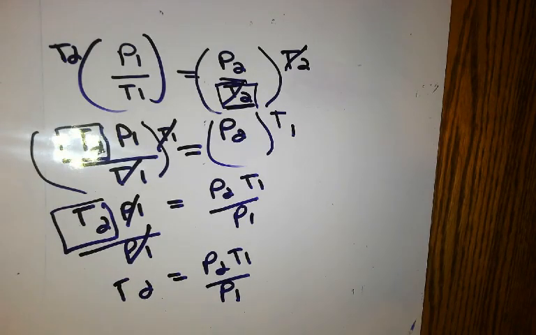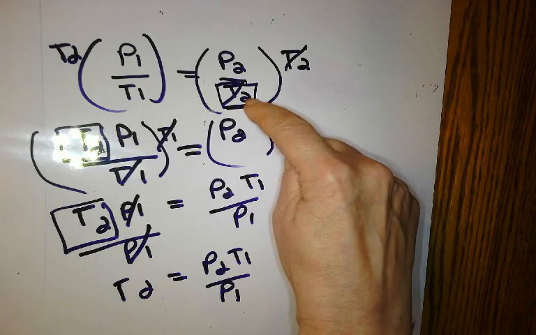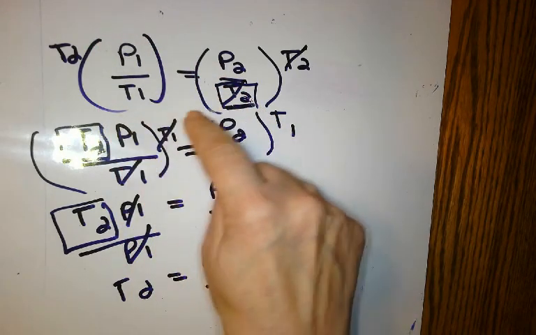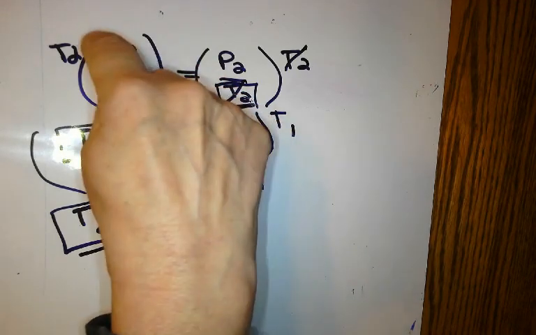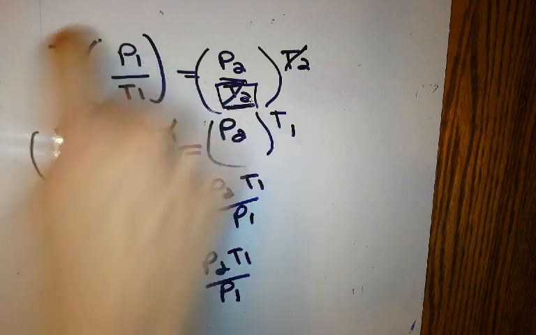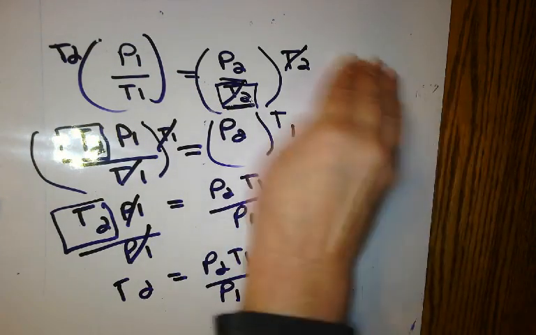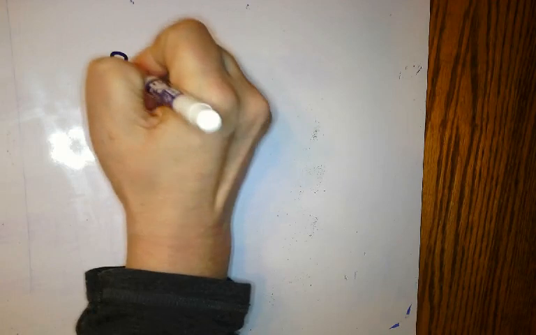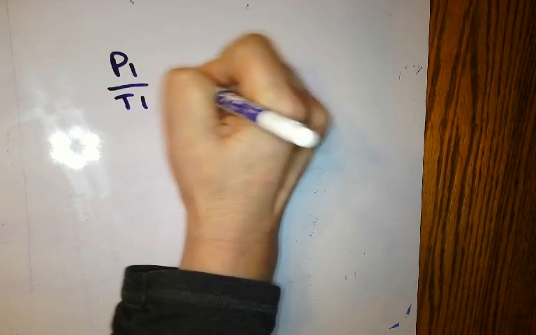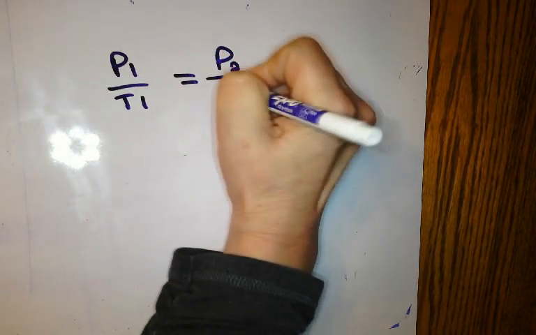Now you notice my T2 is here, and I moved it kitty corner or diagonal up to the top. That's what this math did. It just moved it over to the other side on the flip side of it. Okay, so let's look at this in another way. I have P1 T1 equals P2 T2.